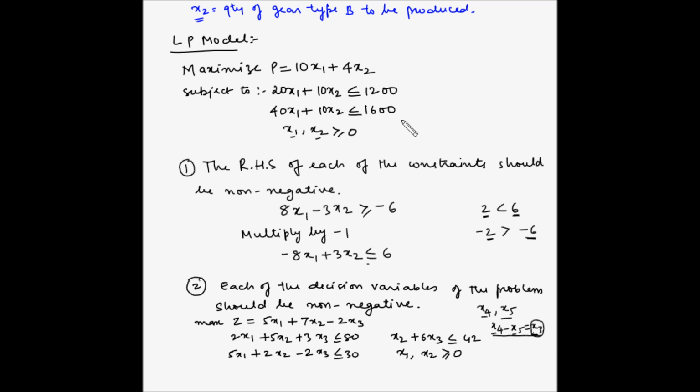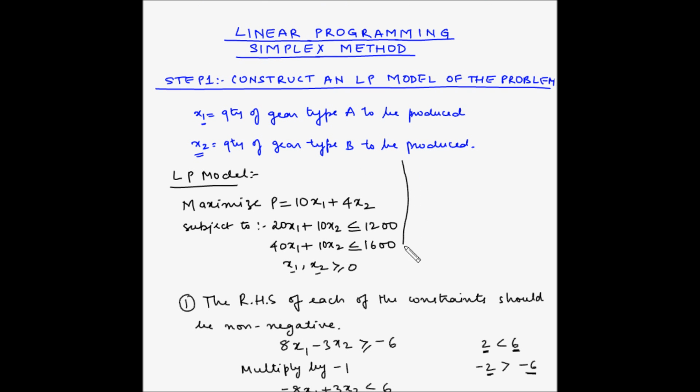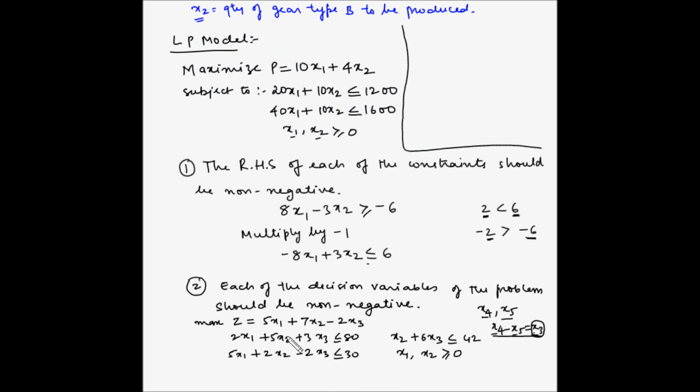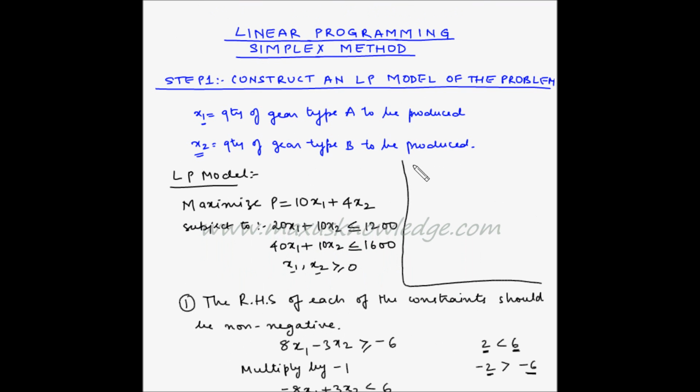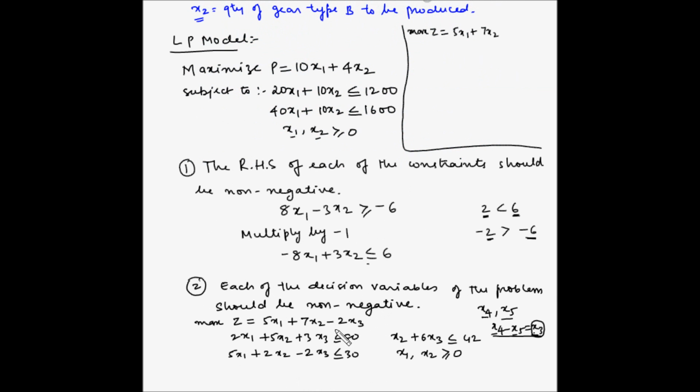So let's see how this will change our LP model. Our objective function was maximize z, where z is equal to 5x1 plus 7x2 minus 2x3. So maximize z equals 5x1 plus 7x2, and now instead of x3 we'll introduce x4 minus x5.